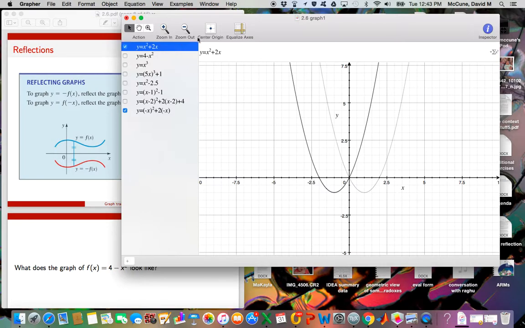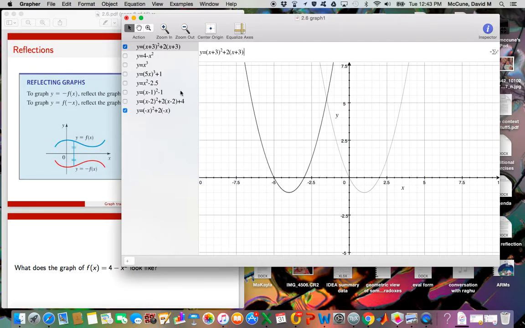So in case that isn't clear enough, let me just go ahead and take x squared plus 2x and move it to the left a little bit. So let's do x plus 3 squared plus 2 times x plus 3. Okay, so it's way over there, right? Now let me take this guy and move him across the y-axis like a mirror.